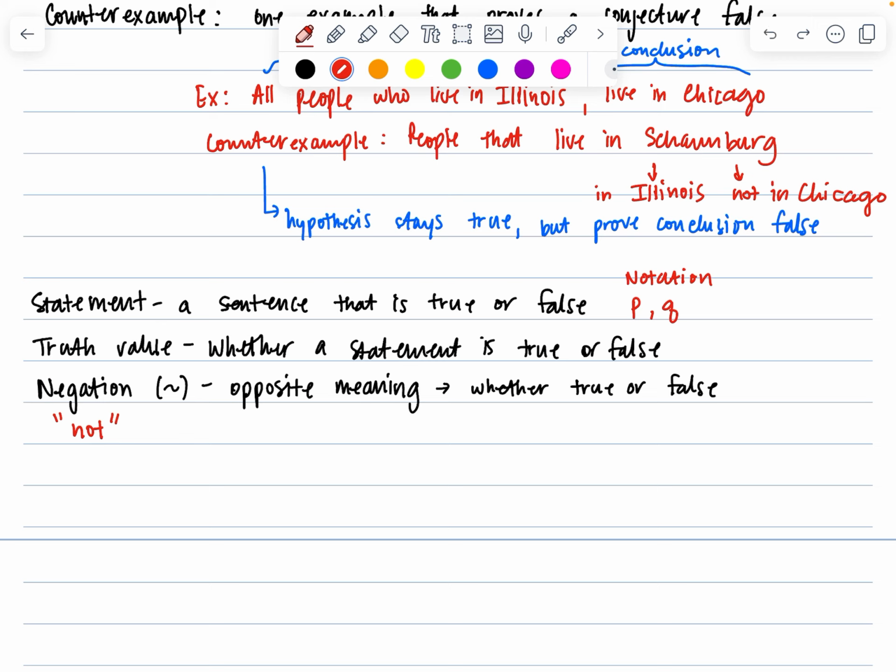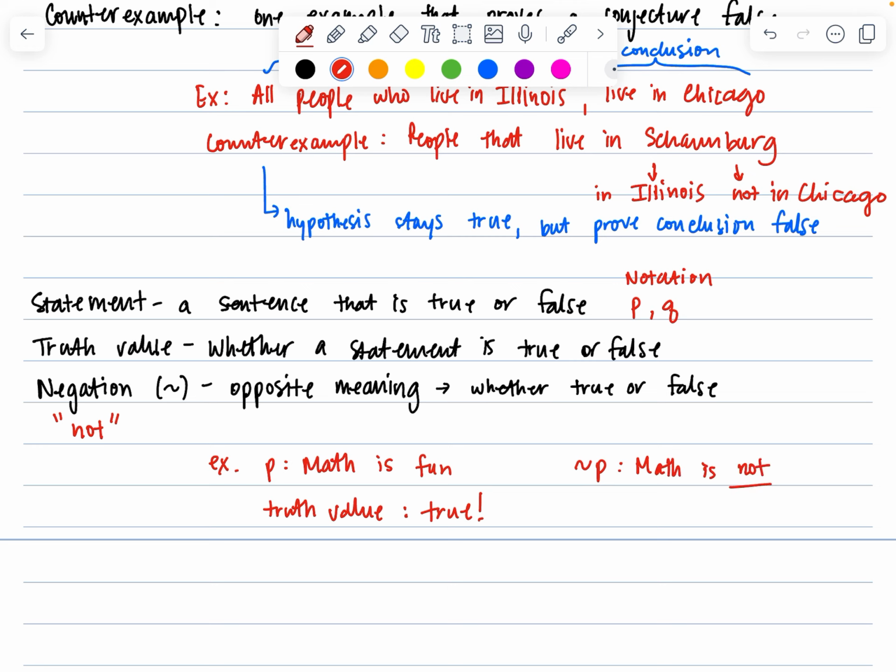Okay, so for instance, a quick example just to wrap this up. Our statement P: math is fun. Obviously, this is a true statement. Truth value: 100% true. Then tilde P is not P, or the negation of P: math is not fun.